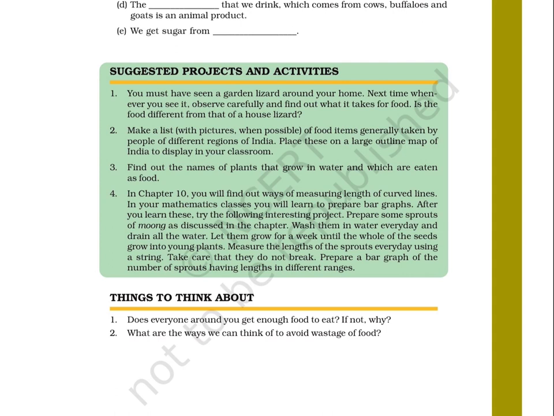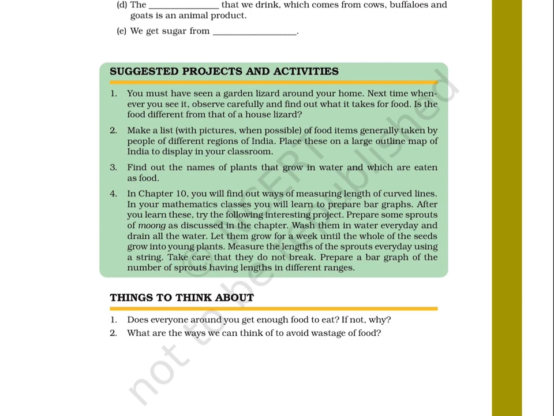Prepare some sprouts of moong as discussed in the chapter. Wash them in water every day and drain all the water. Let them grow for a week until the whole of the seeds grow into young plants. Measure the lengths of the sprouts every day using a string. Take care that they do not break. Prepare a bar graph of the number of sprouts having lengths in different ranges.